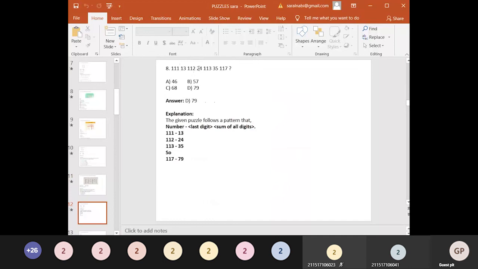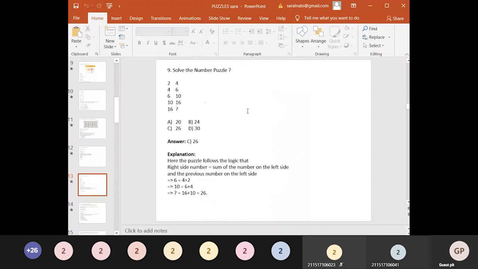Next, 1 1 2, 2 4: the 2 is written, then the addition of 1 1 2 is 4. Likewise, you can answer the last one, which comes as 79. Because 117, right? So 7 has to be written first, and then 1 plus 1 plus 7 is nothing but 9. So 79 is your answer.